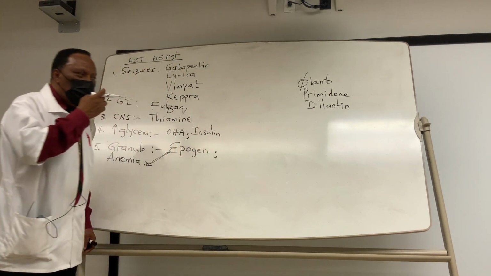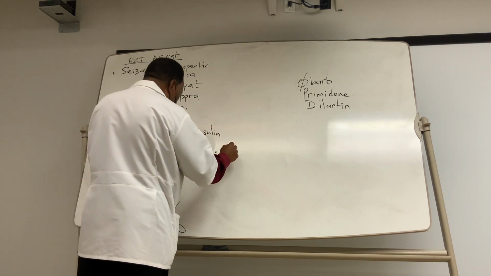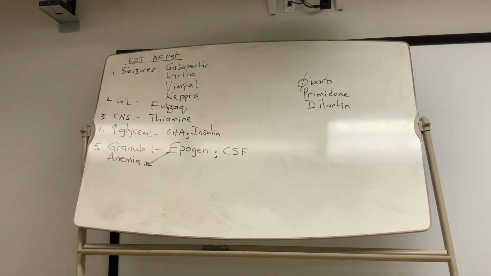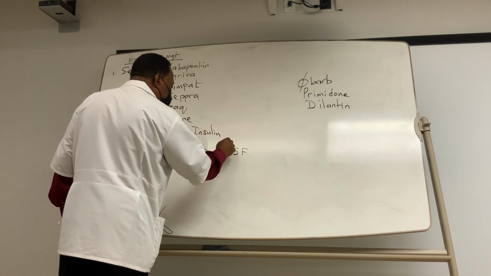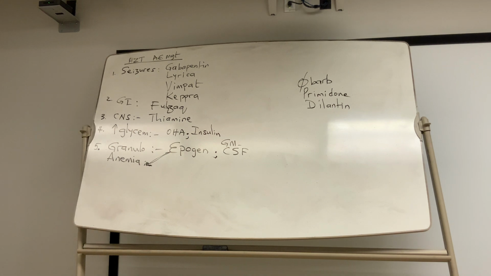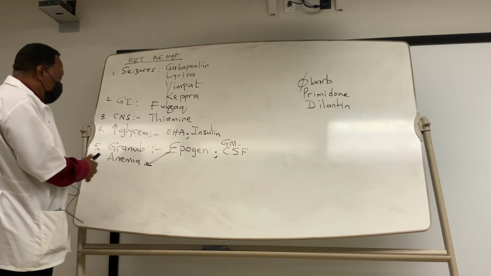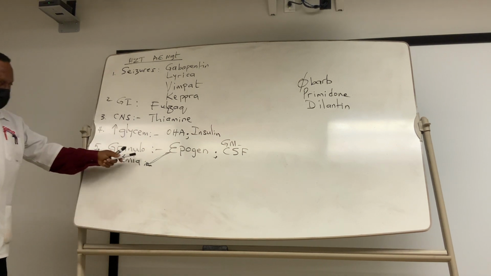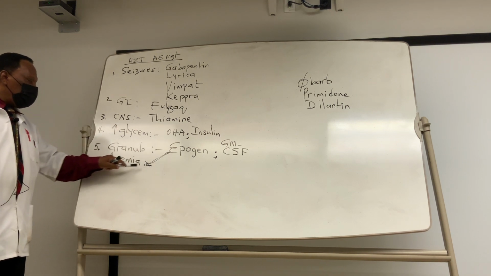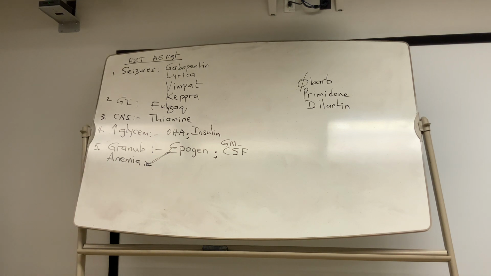Or you can use your CSF, colony stimulating factor, particularly that GM-CSF, that we mentioned under ganciclovir. Okay. So that will help to manage your depression of white blood cells, and then the Epogen will help to manage the anemia. So these are all some agents.